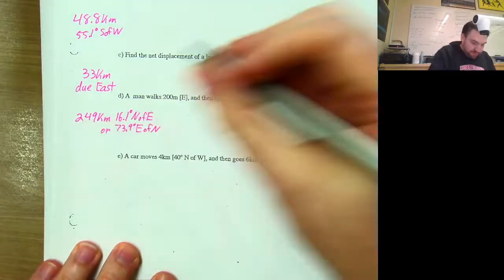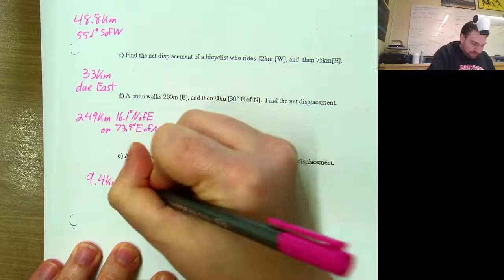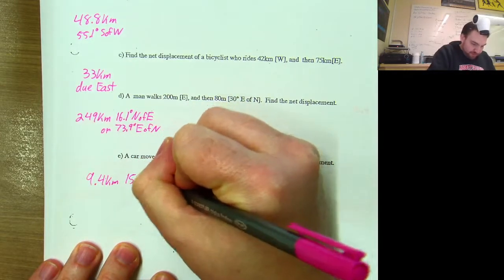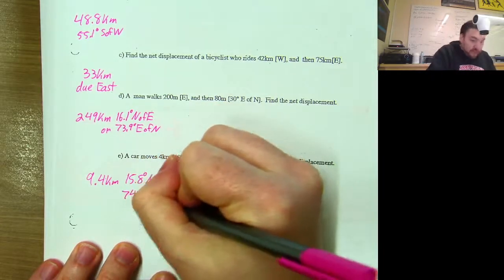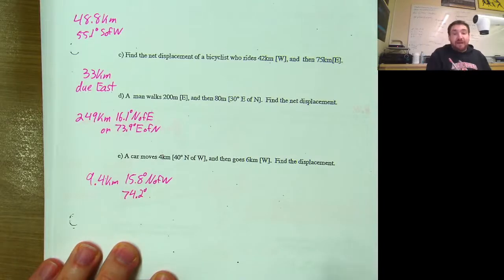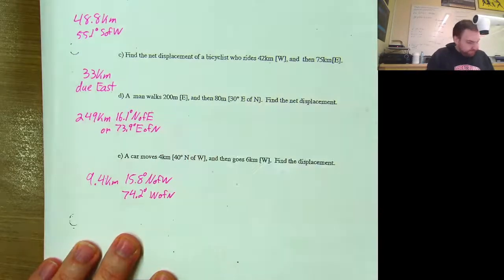This one's going to be 9.4 kilometers, 15.8 degrees north of west, or 74.2. And again, you don't have to put both answers. I'm just providing both of them because if I give you one, you guys are inevitably going to ask me about it. So there's that.